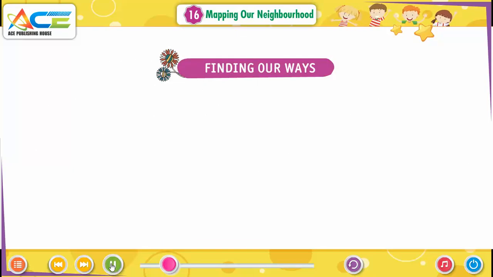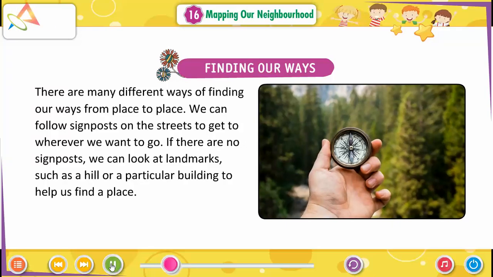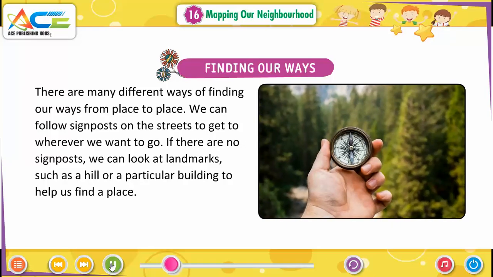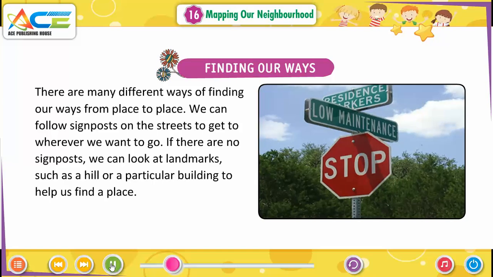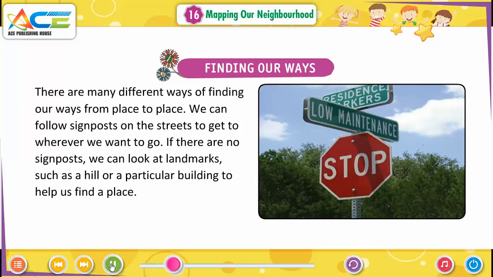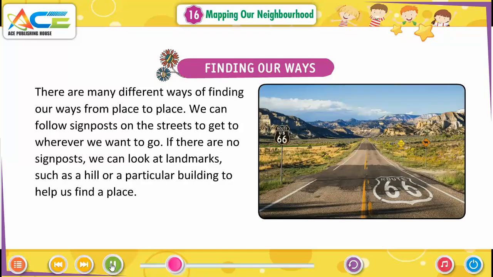Finding our ways. There are many different ways of finding our ways from place to place. We can follow signposts on the streets to get to wherever we want to go. If there are no signposts, we can look at landmarks such as a hill or a particular building to help us find a place.